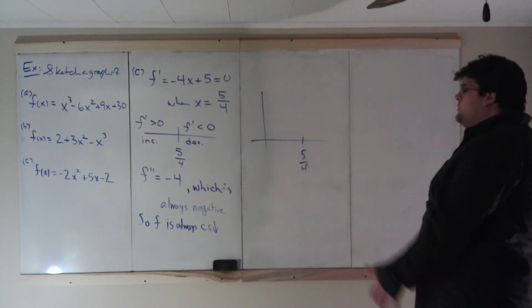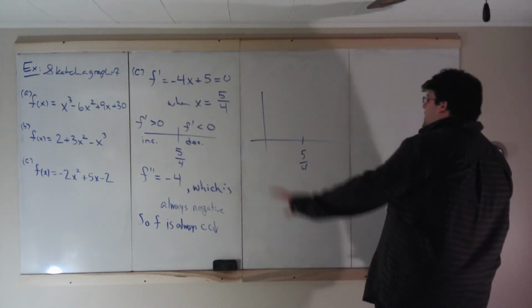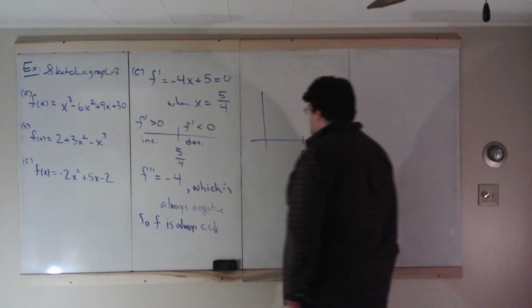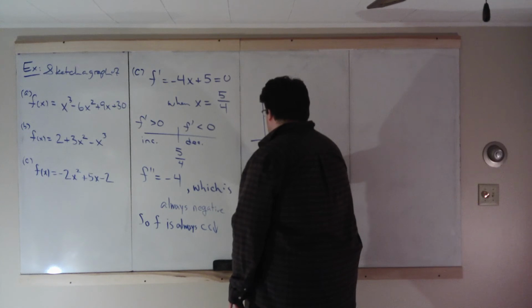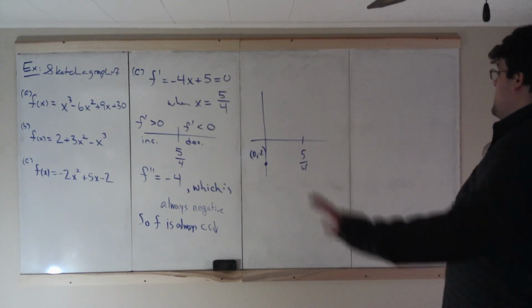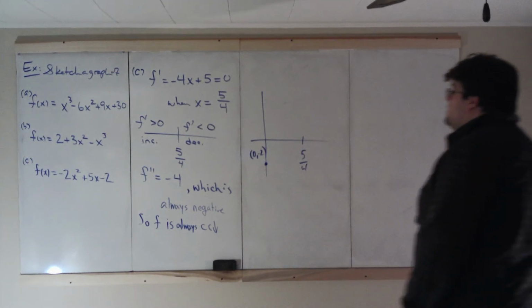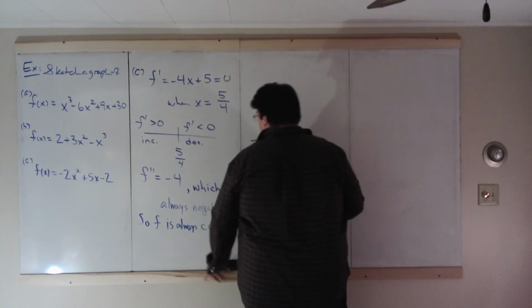But where were we? Well, the only relevant point here is 5/4. We'll mark off 5/4. On negative infinity to 5/4, well, we need the y-intercept first. Y-intercept here is negative 2. On negative infinity to 5/4, the function is increasing and concave down.